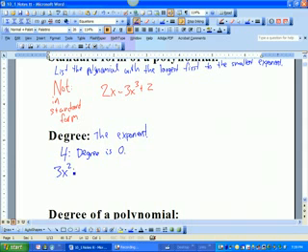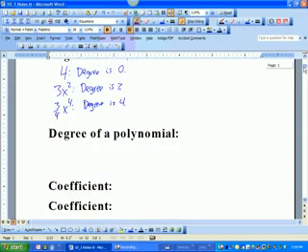The term 3x to the second, the degree is 2. And the term 3/4 x to the fourth, the degree is 4. Pretty basic, isn't it? Well, that's for single term polynomials.